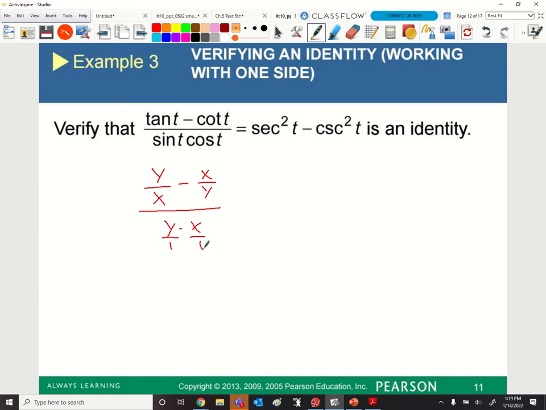Now, the right side of this is going to turn into, what is secant? How do I write secant? 1 over x, and if it's secant squared, it's? Very good, 1 over x squared, minus cosecant, which is going to be? 1 over y squared, very good.